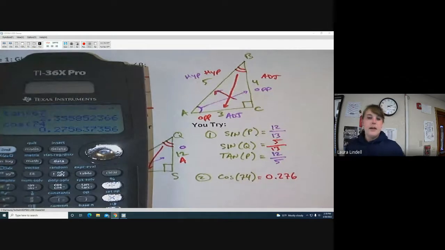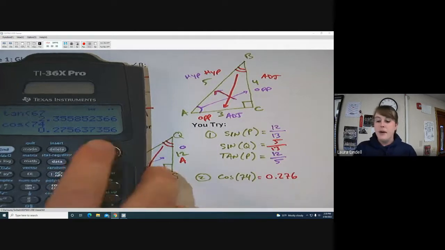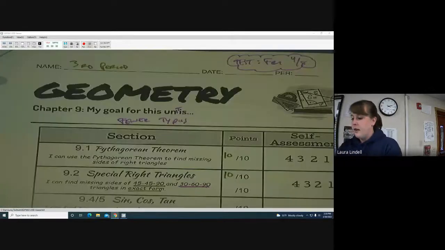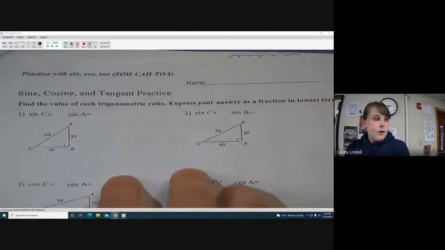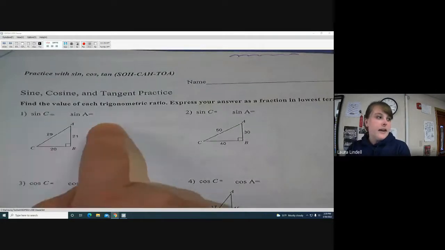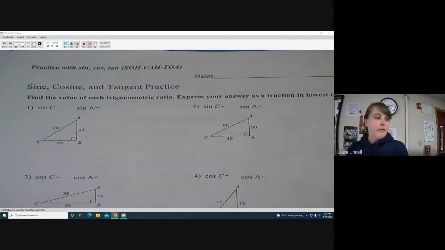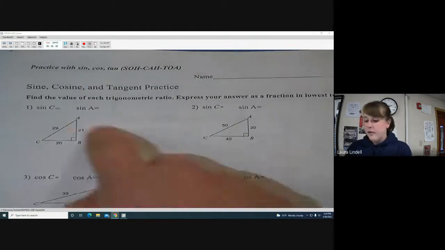All right. So that's sine, cosine, and tangent, kind of our introduction to that. Tomorrow we'll go over how do we actually use these to solve something. But for today, your homework assignment, if you turn the page, we have this page where you're finding sine of C and sine of A, or cosine of C and cosine of A, depending on what it's asking for. So it's got all the sides labeled.